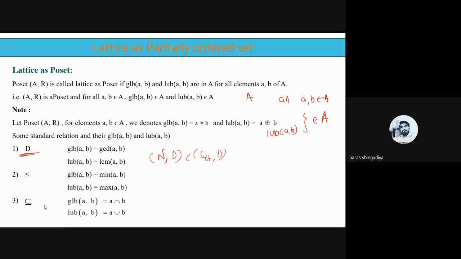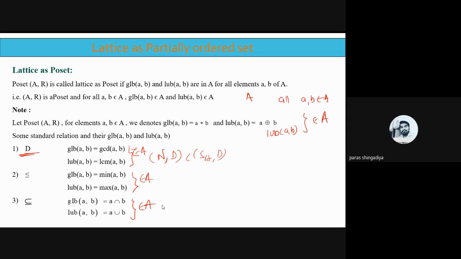And if this answer, GCD and LCM of a, b, minimum and maximum, a intersection b, a union b, is again in the given set, that is A here, meaning it again belongs to A, then we can say that (N, divides), (N, less than or equal to), otherwise (P(A), subset), are called lattices as a poset.